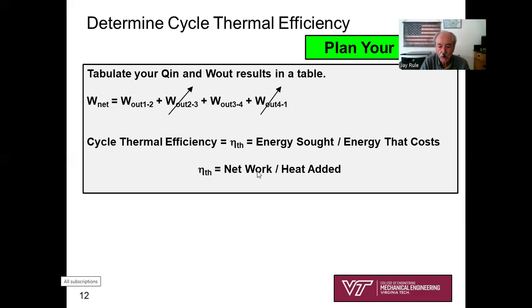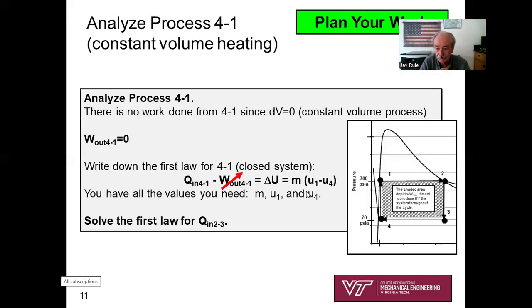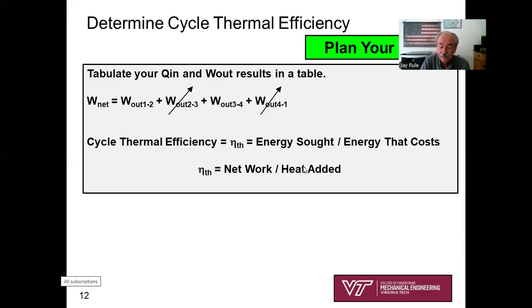It's the net work, that area. Let me go back up. It's the shaded area within the cycle. That's the net work divided by the heat that's added, and that's only for processes that add heat, not processes that take heat out. But that's the way to get thermal efficiency. We're not going to spend much time on that.